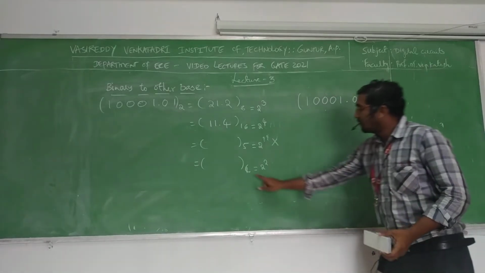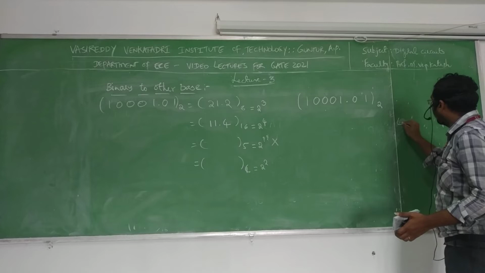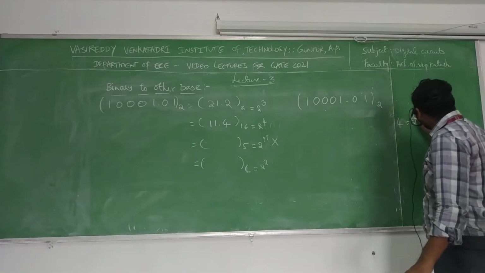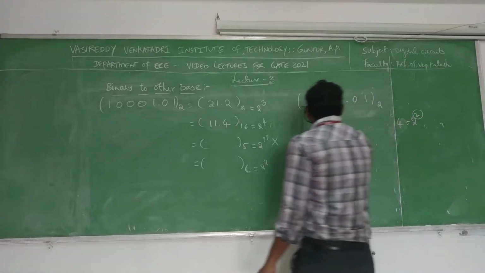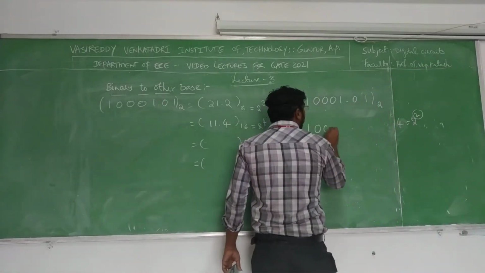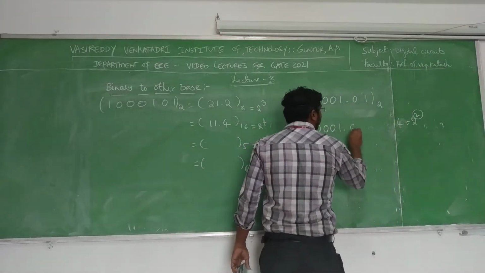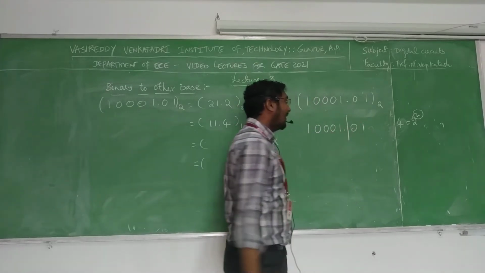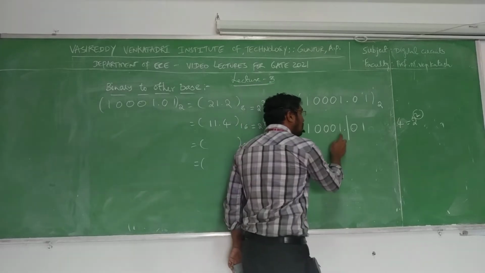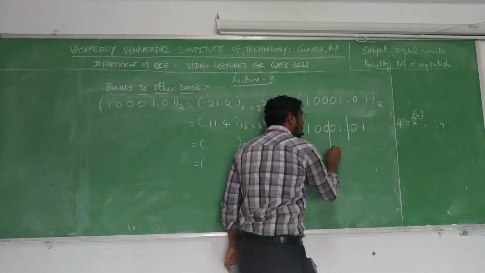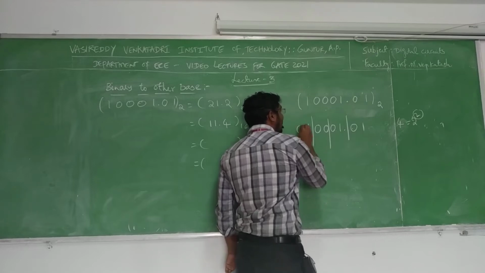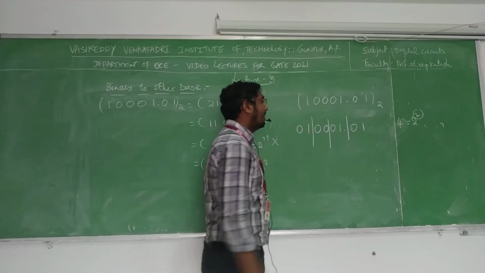Now, base 4, 4 is what? 2 square. Now, we take the help of the power. The power is 2. We make groups of 2 bits. We draw a line at the fractional point. After drawing a line, we count 2: 1, 2. Again count 1, 2, and 2. Now count 2. As there is only a single bit, I add a 0.